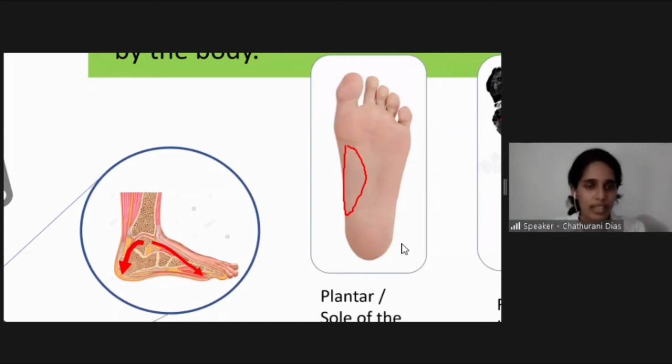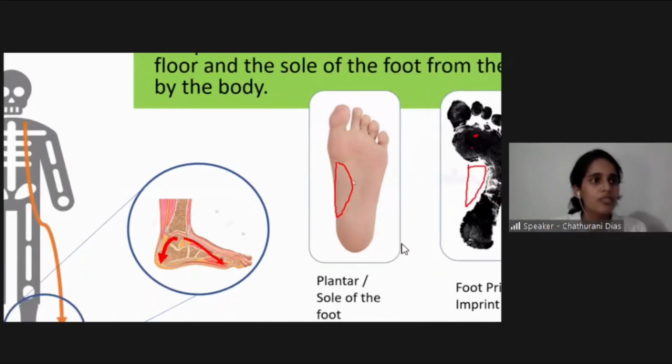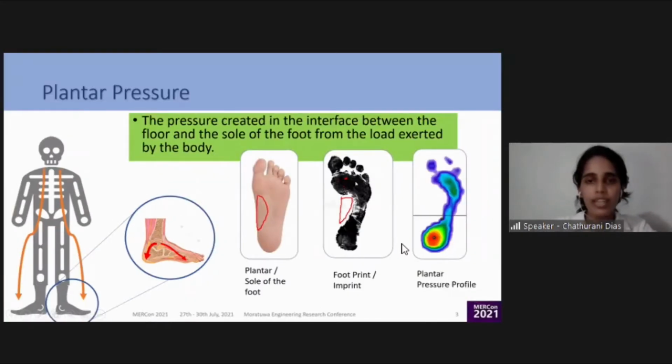Because of this, different areas of this foot imprint will feel different amounts of force acting on them, and therefore will feel different levels of pressure. That gives us the plantar pressure profile, which is seen on this image, of one foot of a person who was standing.